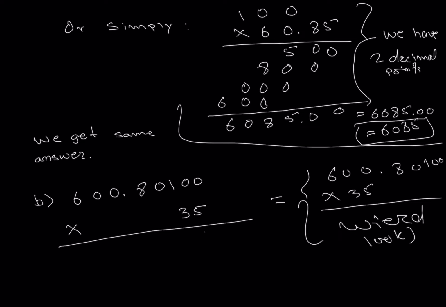5 times 0 is 0, 5 times 0 is 0, 5 times 1 is 5, 5 times 0 is 0, 5 times 8 is 40, 0, 4 will go right here, 5 times 0 is 0 will be 4, 0 and 4 will be 4, 5 times 0 is 0, 5 times 6 is 30, 0 and 3. 3 times 0 is 0, 3 times 0 is 0, 3 times 1 is 3, 3 times 0 is 0, 3 times 8 is 24, 4, 2 will go up right there.